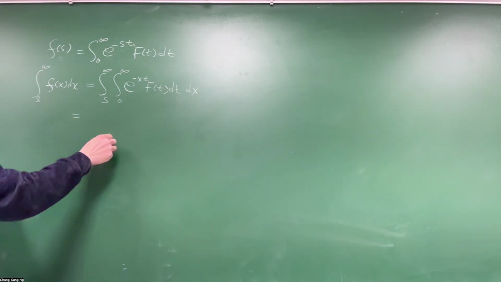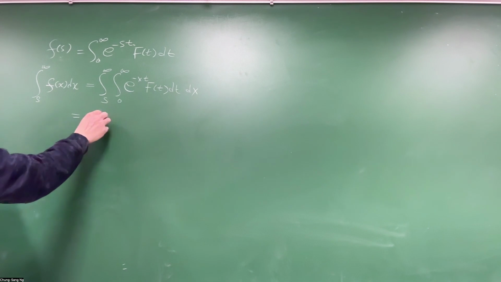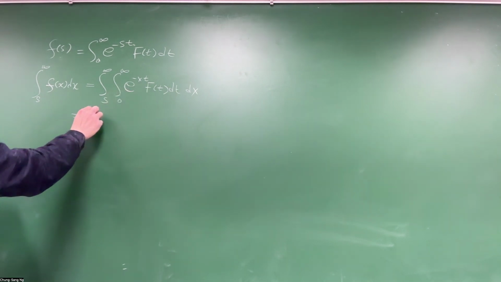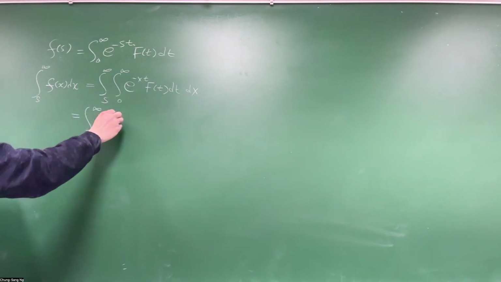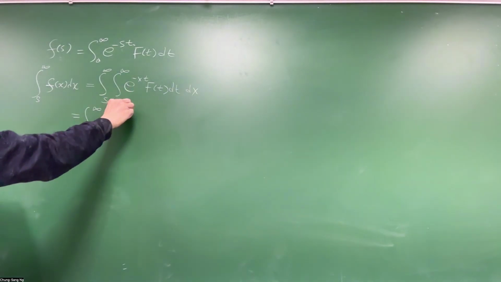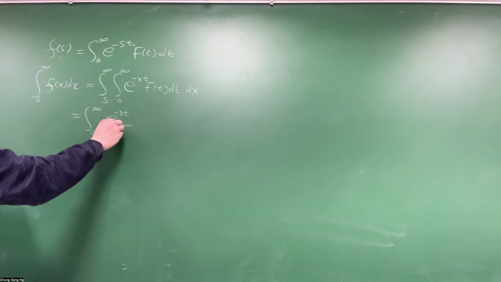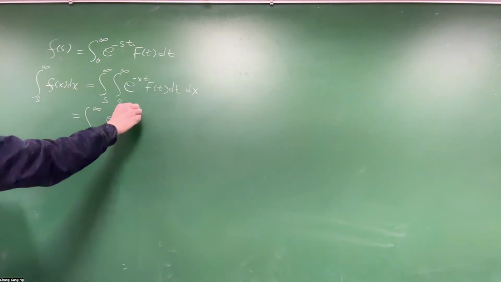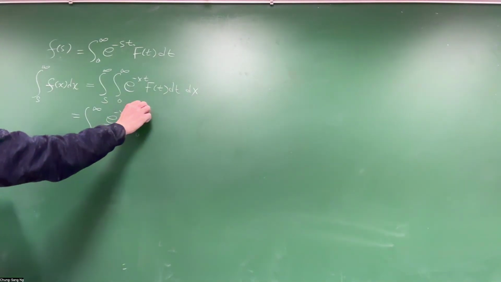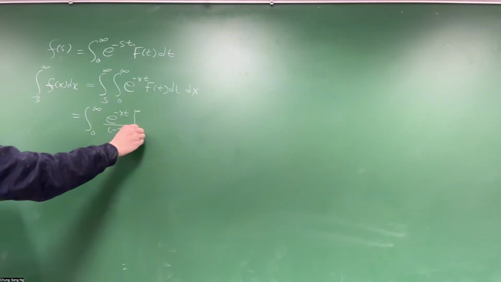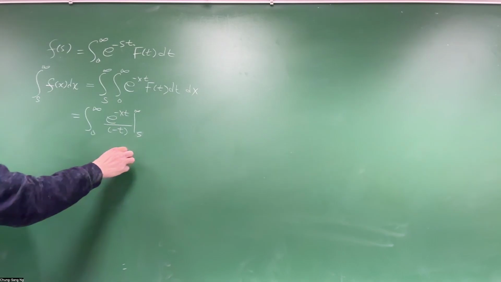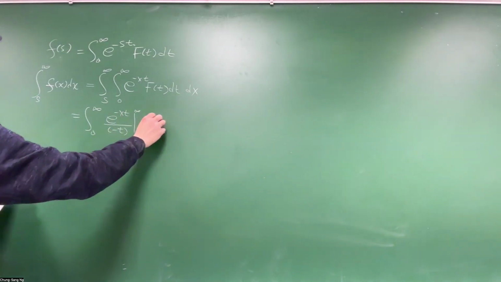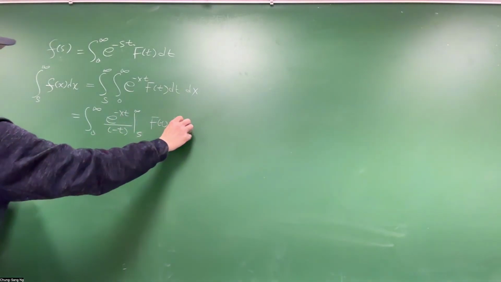The integration of this one is the exponential function e to the minus xt divided by minus t, with limits from s to infinity, and the rest is the function of t and the t integration.